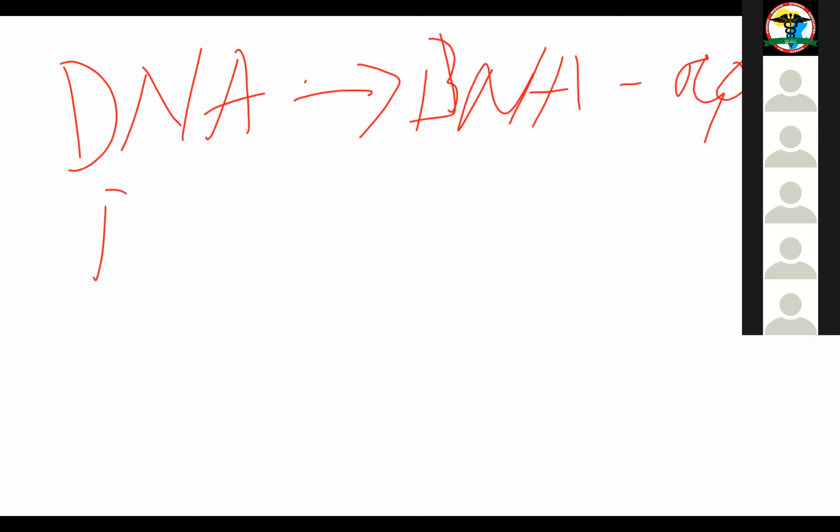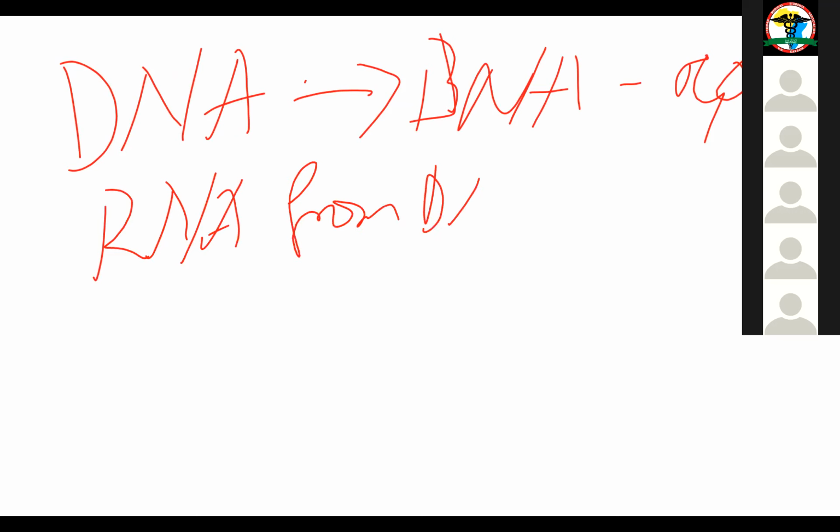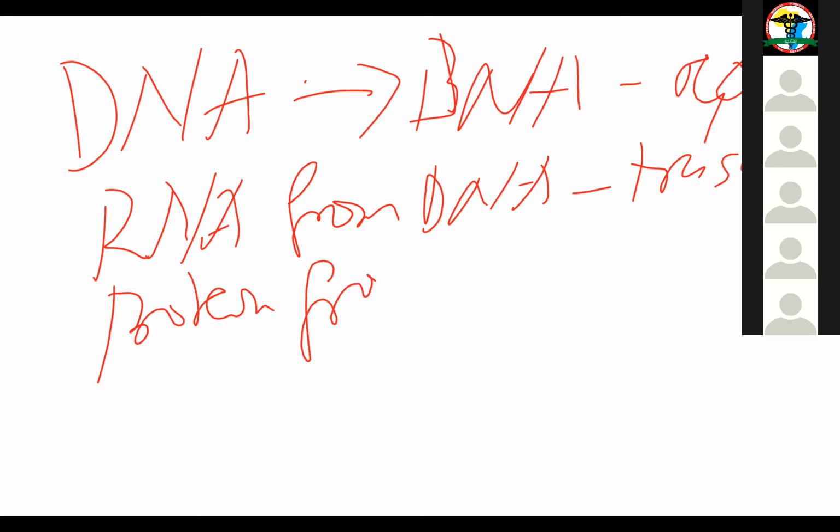Then you make RNA from DNA, called transcription. Then you make protein from RNA, called translation. We have different types of RNA, like mRNA, but we are not going to dwell on that. So basically, that is the whole picture.